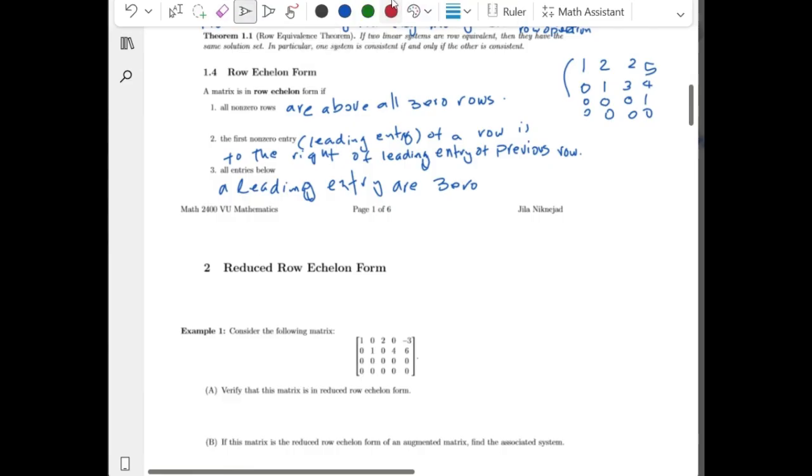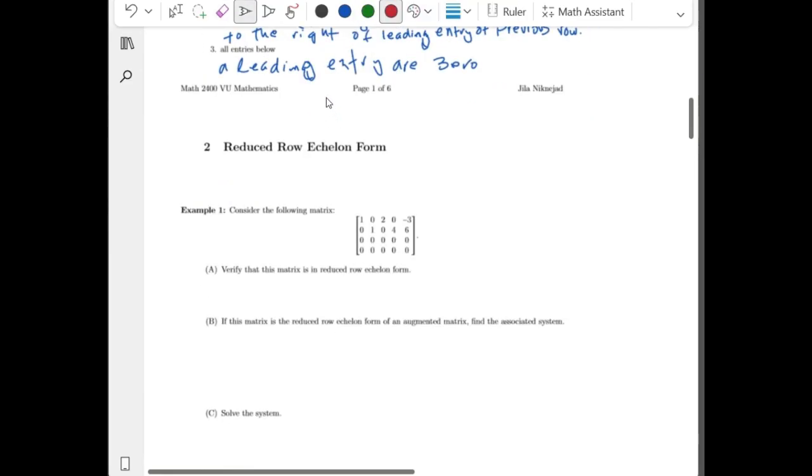The next thing is a reduced row echelon form. It is a row echelon form where leading entries are 1.